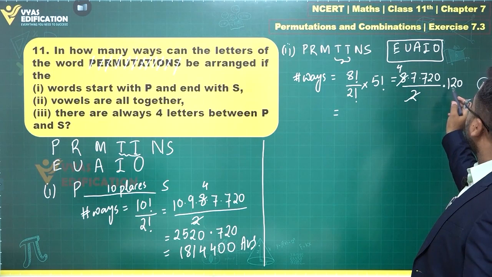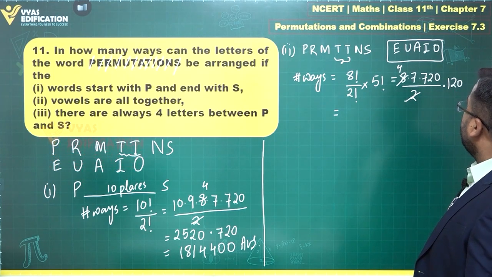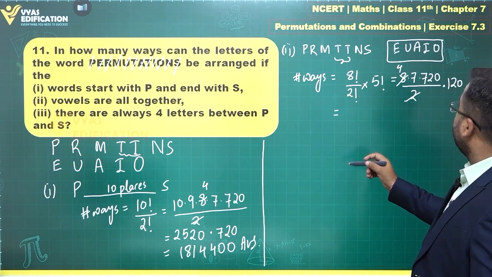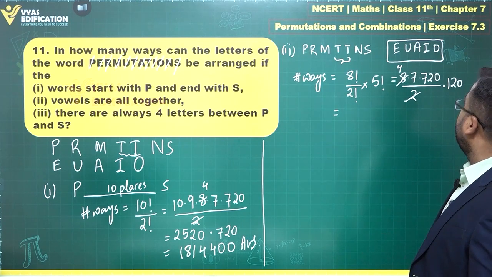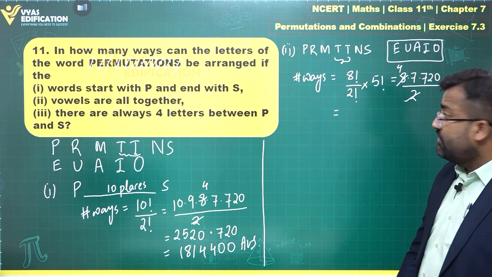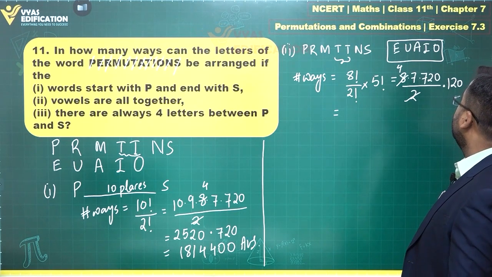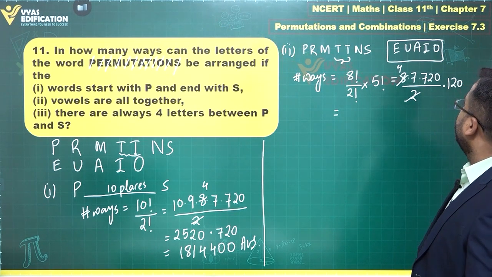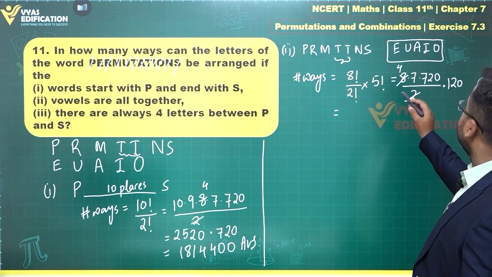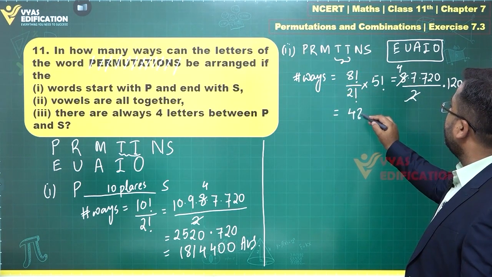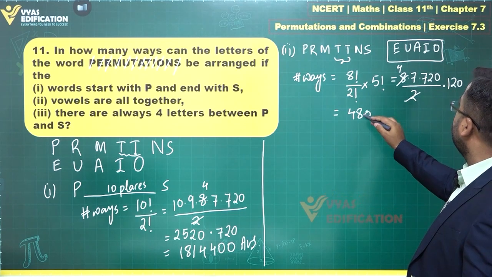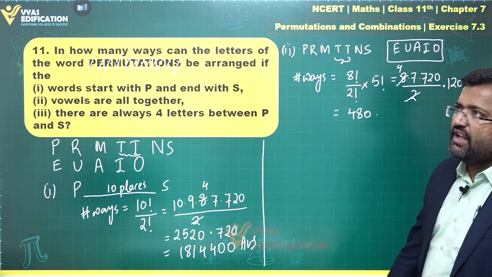So let's multiply. Can we simplify this further somehow? Yes. 12 times 4 is 48. So this becomes 480. And 7 times 720. What is that?